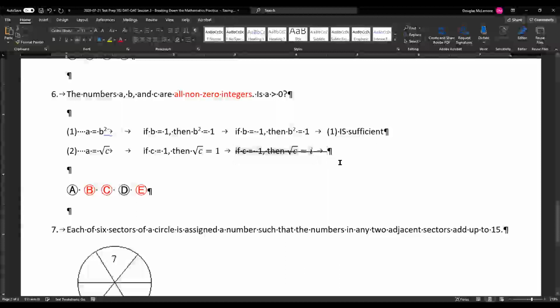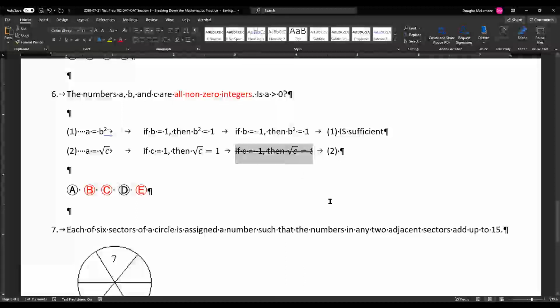So therefore, this case is irrelevant because it violates the rules. So what do we know now? Is 2 sufficient alone to prove that A is greater than 0? It is, because C equals i, like saying A equals i, means that the numbers are not all non-zero integers. So this is a moot point.